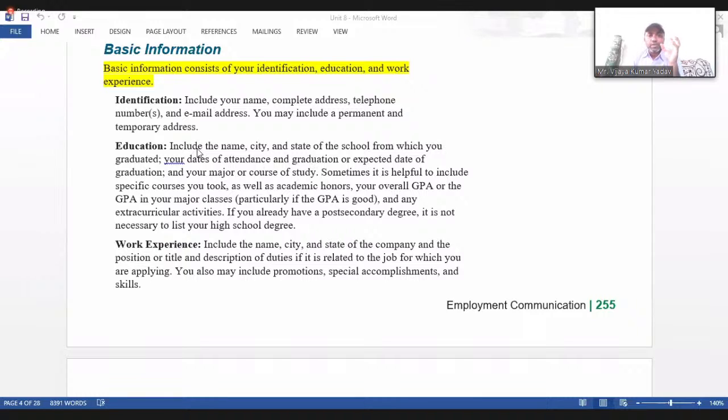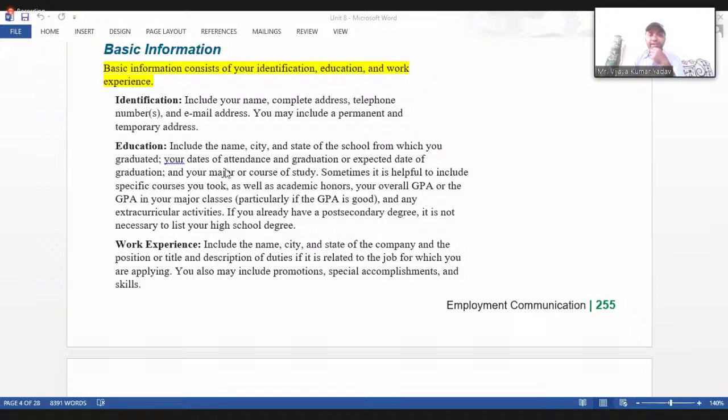Now, in education, another point in basic information in a resume, include the name, city, and state of the schools from which you graduated. Mention the name of the school, city of the school, and state, that is Pradesh, Rajya, which state. Your dates of attendance and graduation or expected date of graduation.